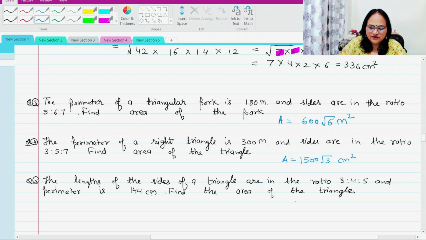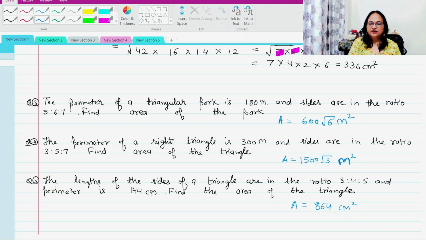And answer of the third one, area should come 864 centimeter square. This should be meter square because perimeter is given in meters. If you are not getting the answers, just cross check your working for the mistakes.